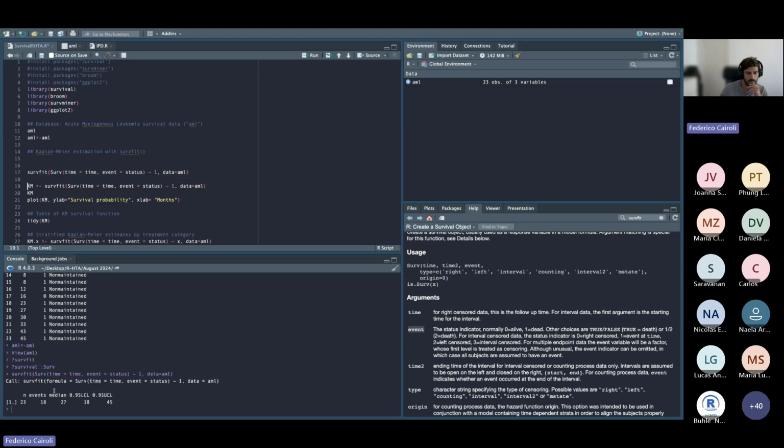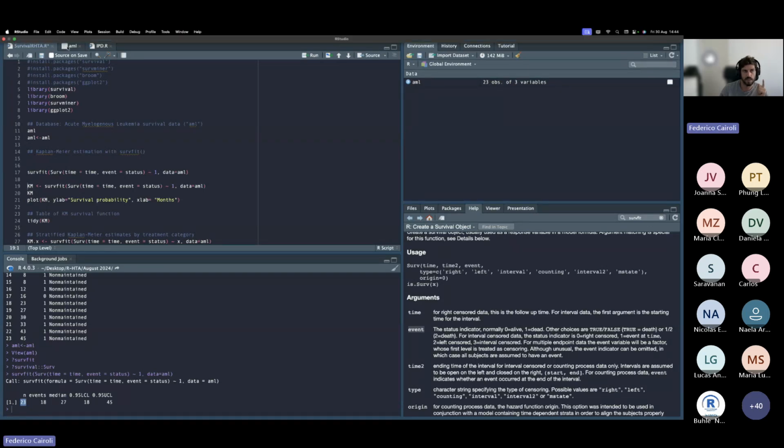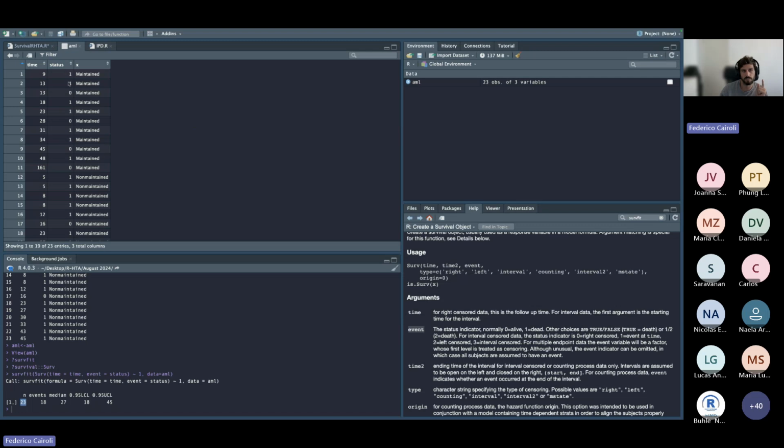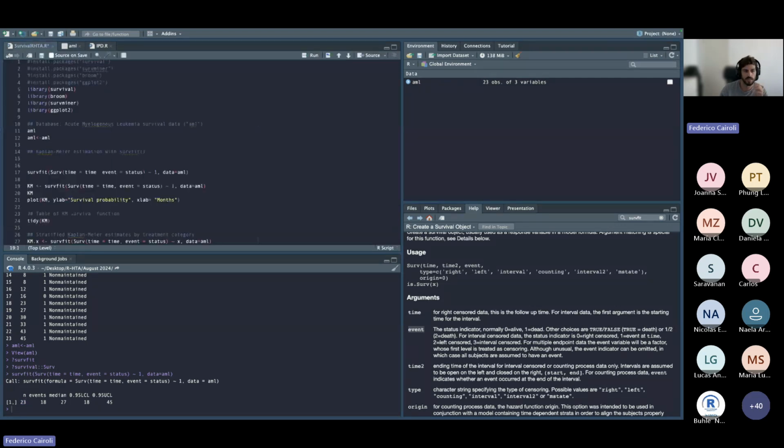You can see that when you run this specific function, you are going to obtain this brief information. First of all, the total number of patients, we know is 23, the same as we have here, 23 observations. Total number of events, 18. Basically, if we sum all these patients that have this event, we are going to obtain 18.